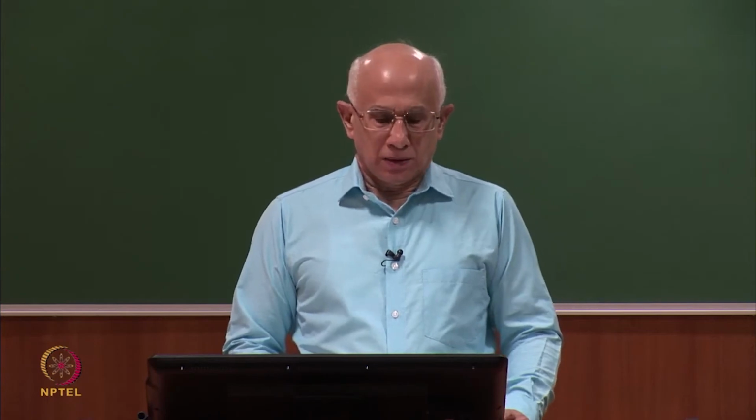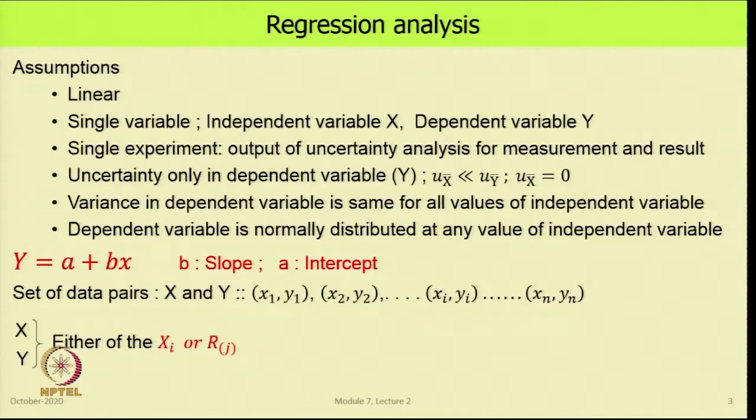And here, those assumptions have been listed. The first thing we said, we will develop only linear regression, which means that our result function, the function y for which we make a regression, is like C0 plus C1 x plus C2 x square plus C3 x cube, and there could be more terms.